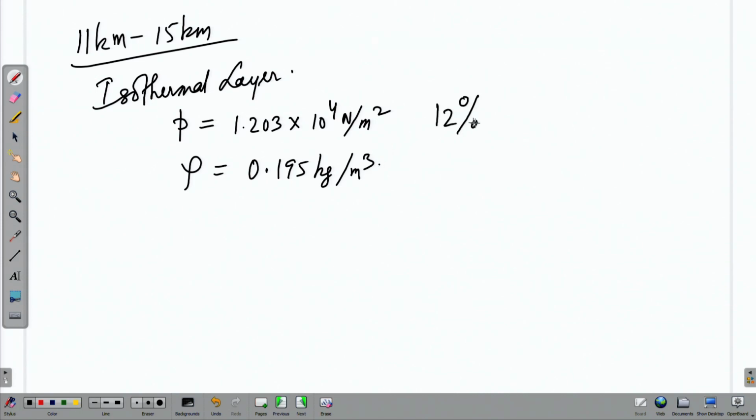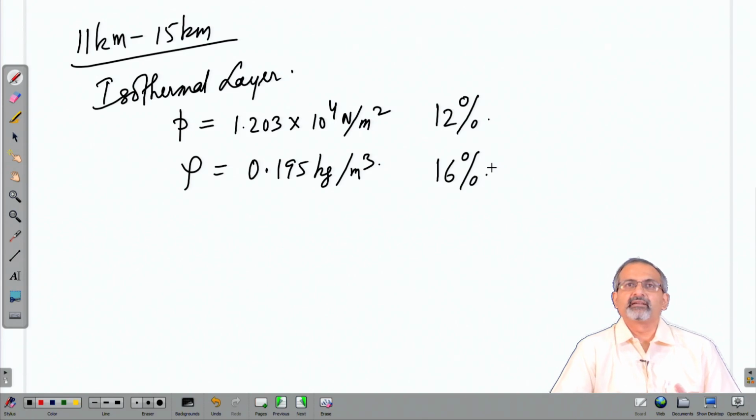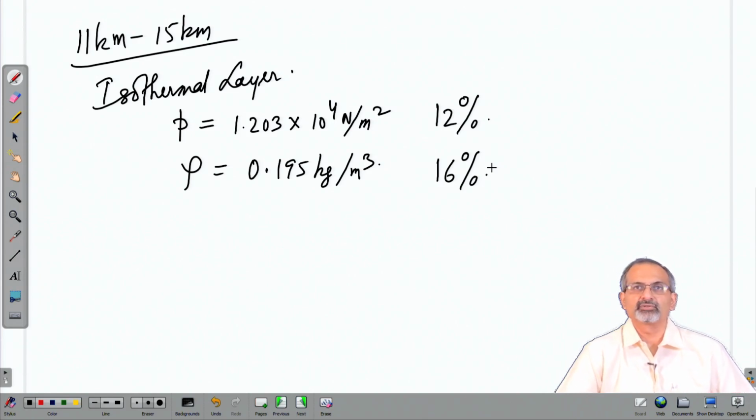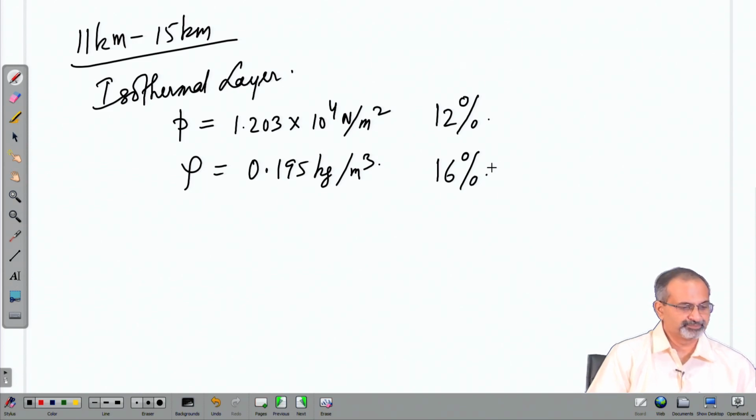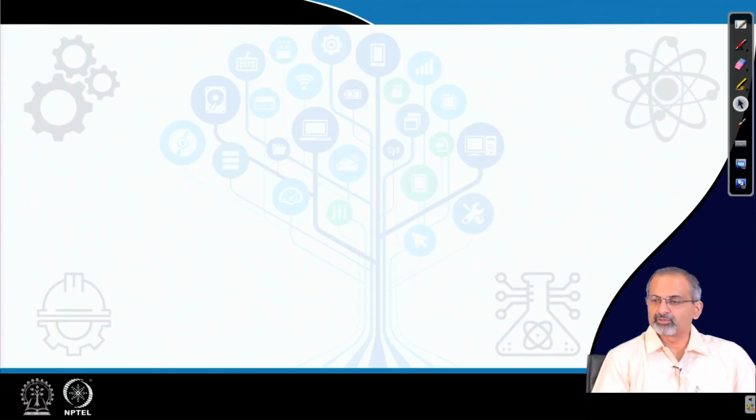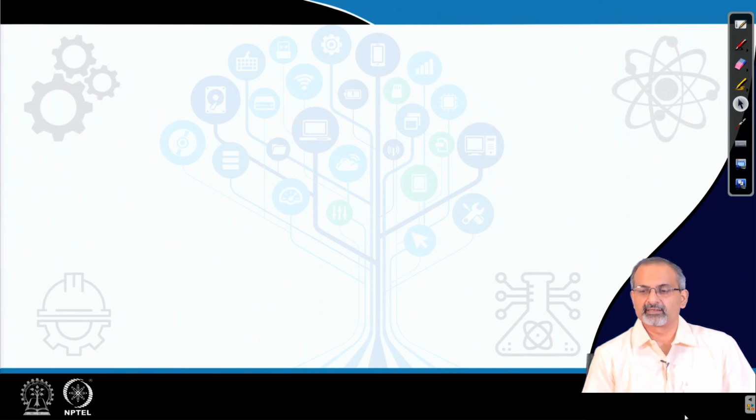This is almost 12% of the sea level value, this is 16%. In this manner, you can go step by step covering gradient regions, isothermal regions, and moving to different altitudes, calculating the pressure and density based on the temperature variation that we have already seen in the earlier picture. So, this more or less gives you an idea about calculations involving standard atmosphere.